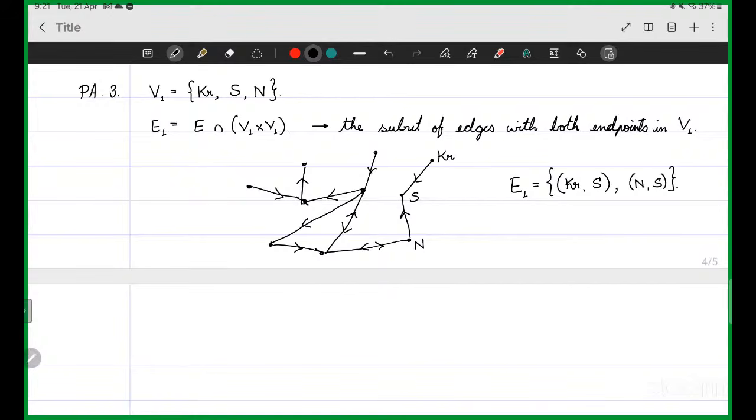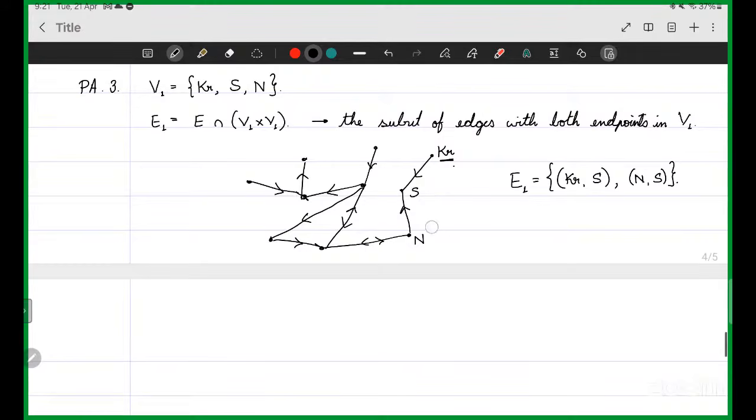The given edge set has, among those candidates, only this and this. Only the edge from K to S and the one from N to S. So those are the only things that we will list. Please repeat what you said. So you were saying that these things like this also should be considered?